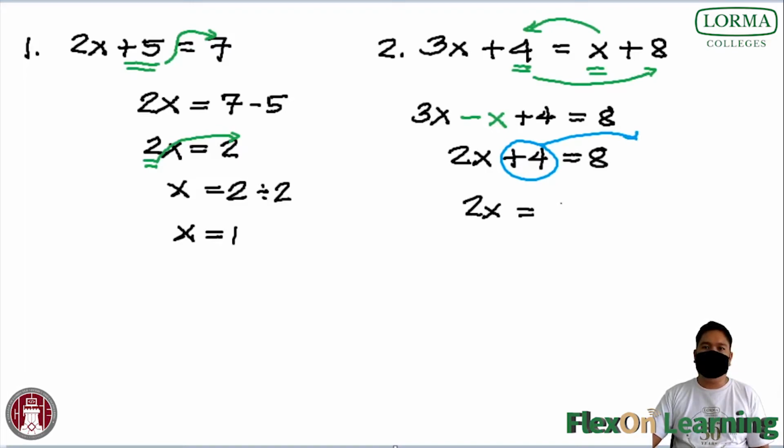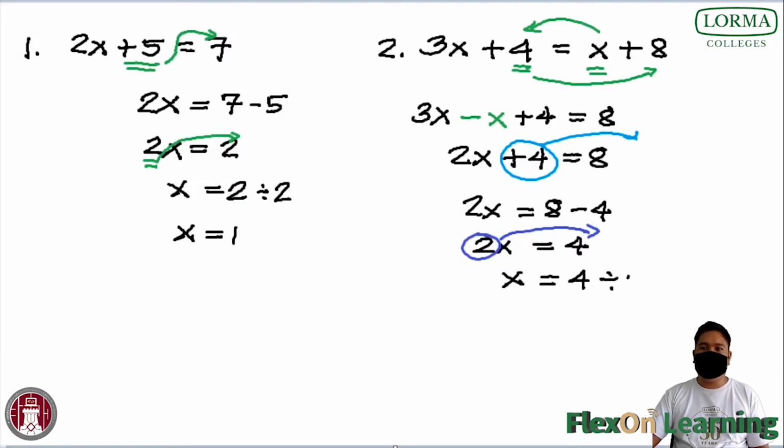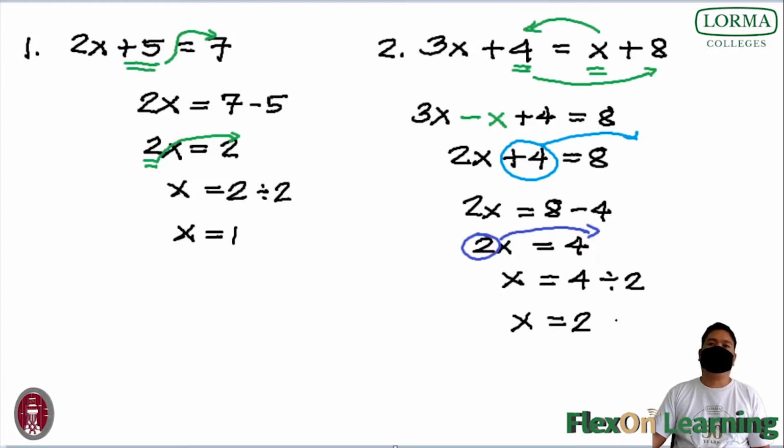We have plus there, so it becomes minus. So 2x is 4. Then again, lastly is this one. Transpose there. So that's multiplication. When you negate, it will become division. That would be 2. Okay?